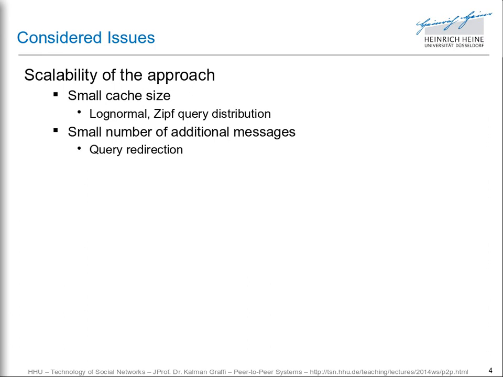Also, we have some additional messages because of the query redirection. As we previously saw, we need some additional messages to set up this cacher, and the number of these messages should be very small. So we have a trade-off here, inserting more complexity to deal with load peaks.